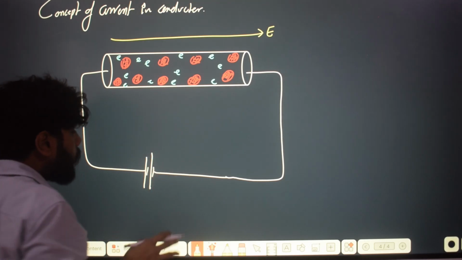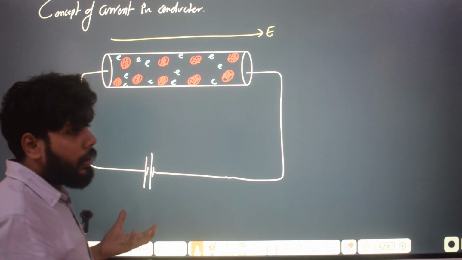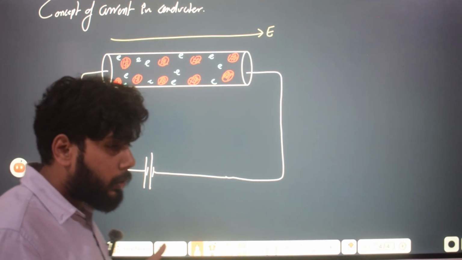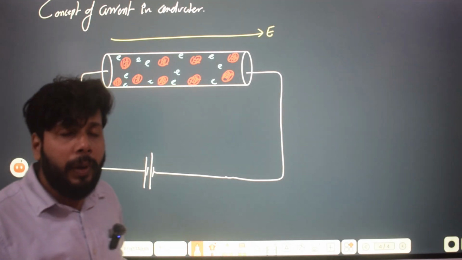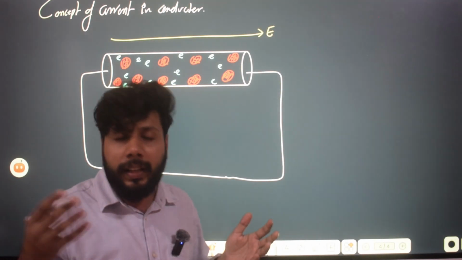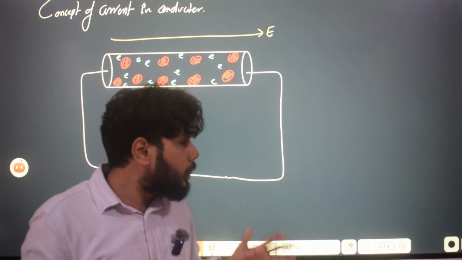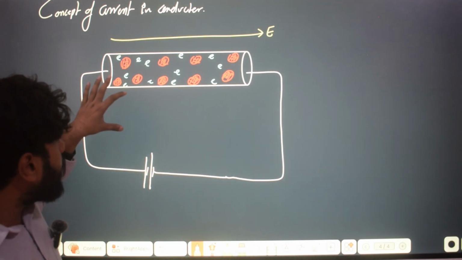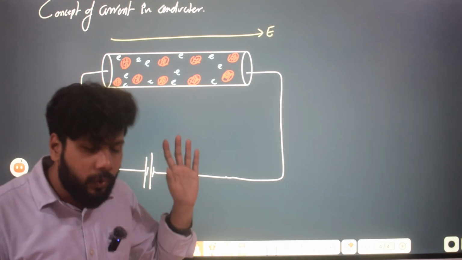And you can think of the battery like a pump, or you can imagine a fountain where the pump does only one thing, that is pushing water outward, and again it sucks and pushes outward. The same thing happens here also. It pulls electrons from one end and throws them out from the other side.